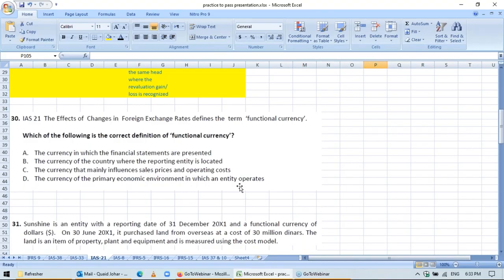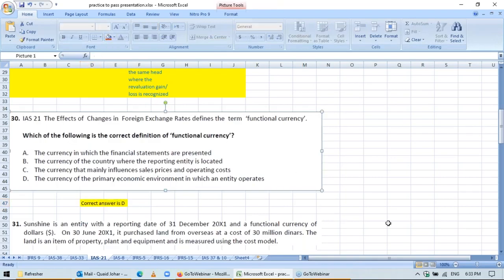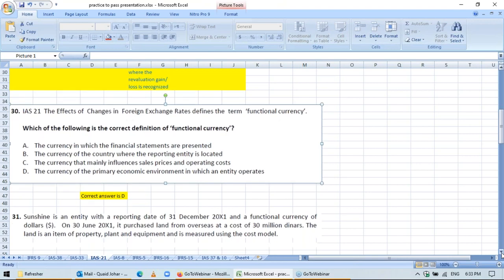So the correct answer to this question number 30 is D. D says the currency of the primary economic environment in which an entity operates.